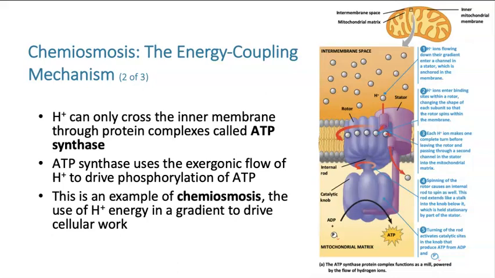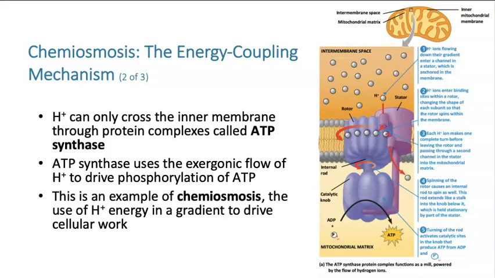Again, the name of this structure that the protons are allowed to diffuse down is called ATP synthase. And this is a release of a lot of energy, so we can use the word exergonic to describe that. That exergonic flow is going to drive phosphorylation of ATP. This is chemiosmosis.